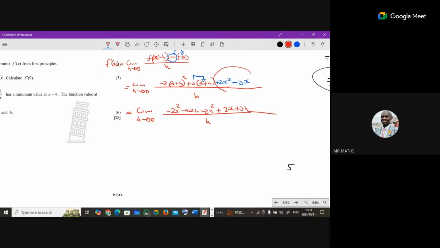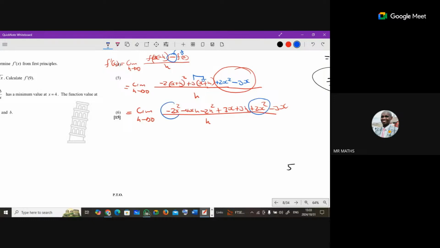Then we bring down this one as it is, plus 2x squared minus 3x. So by joining there, when you collect items, you will find this is the same as this one. Are we together? Except the signs.